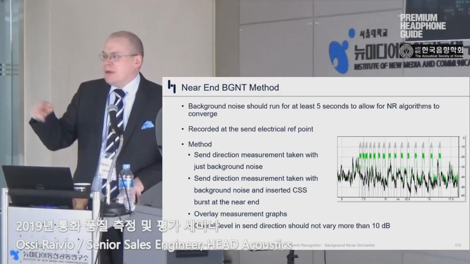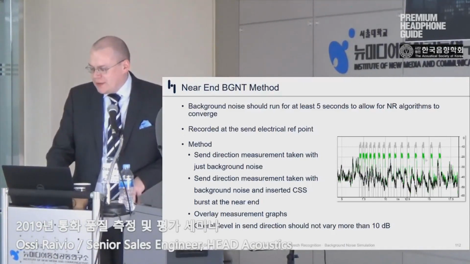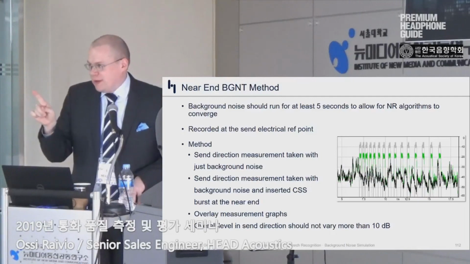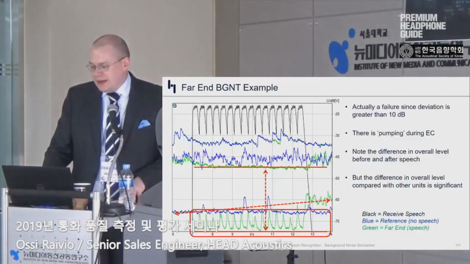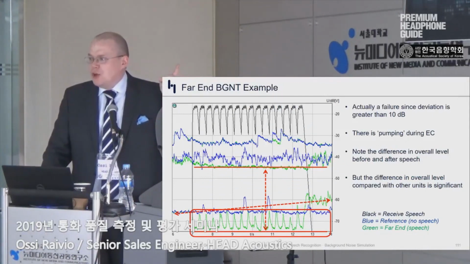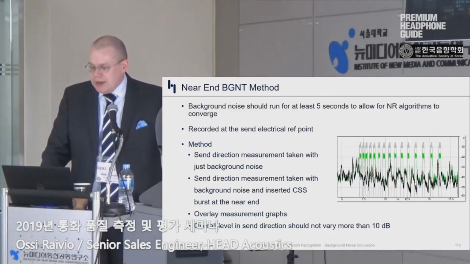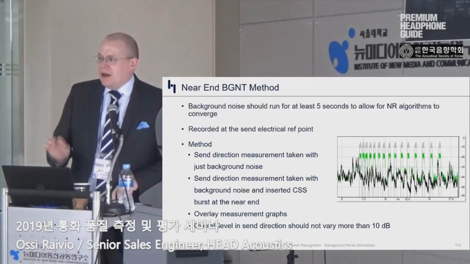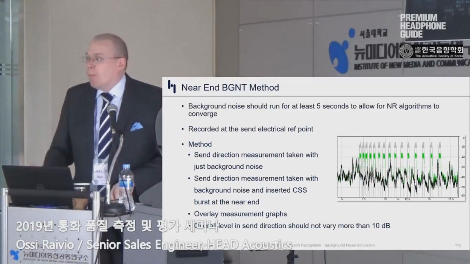So during speech, we can't do any analysis. We do the analysis during the pauses. So that's the big difference in analyzing the far end and near end. Far end is analyzed during the speech. Near end is analyzed during the pauses.